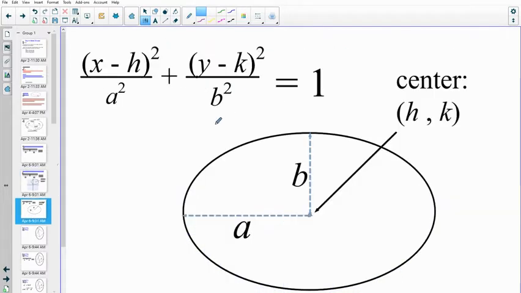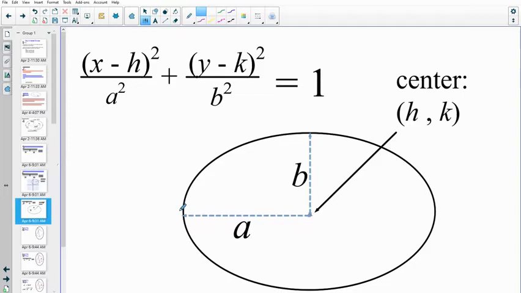And we also saw yesterday that the square root of the denominator on the y term gives you the length of your vertical distance to the ellipse, and then the square root of the denominator of the x term gives you the horizontal distance from the center to the ellipse.